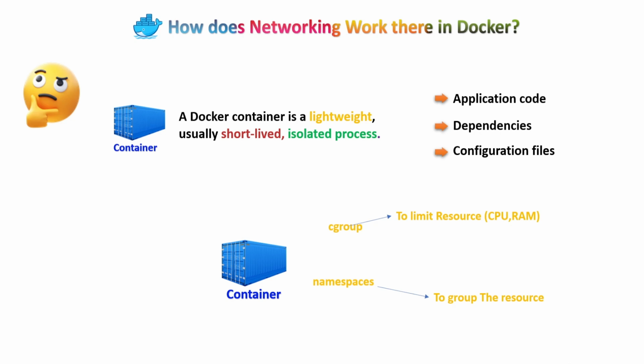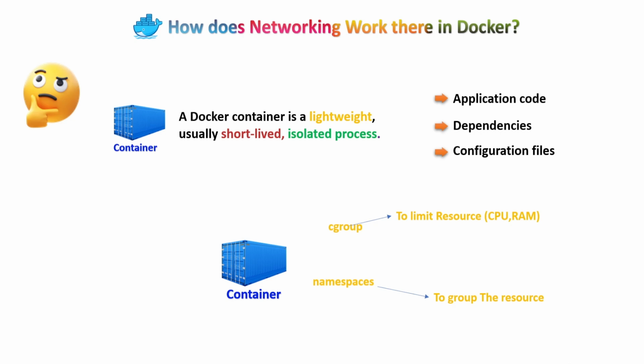If it has a NIC card, that means it will have an IP address, MAC address, broadcast address, and all the network components. So this is how internally Docker will manage your networking and isolation. As it has its own network, obviously it will be isolated from other containers.